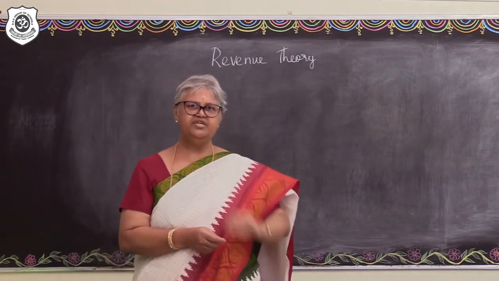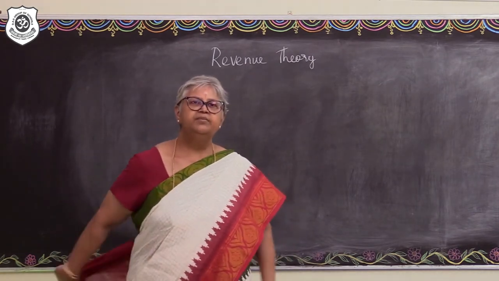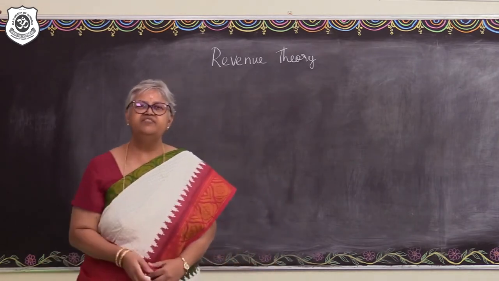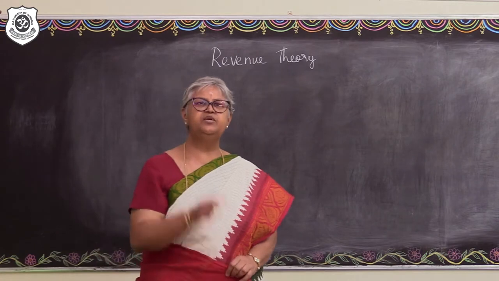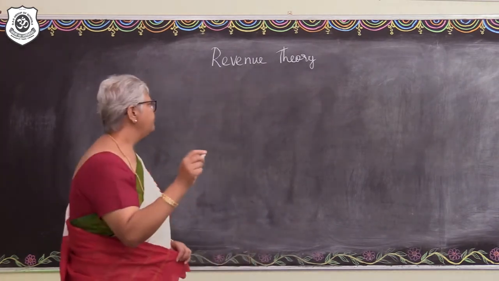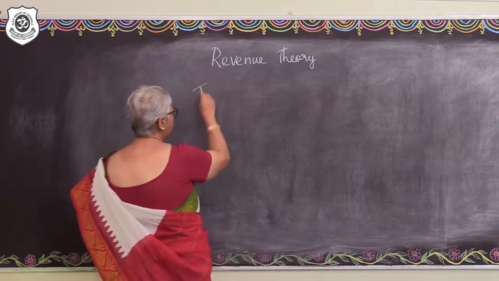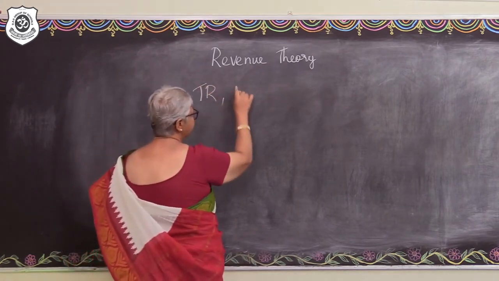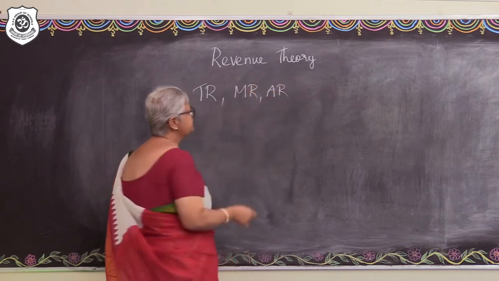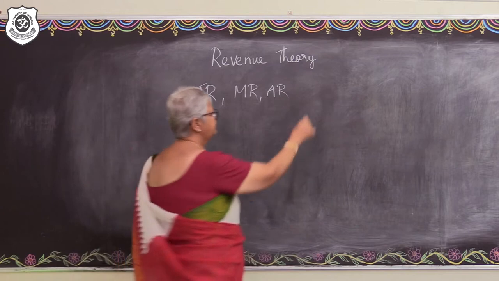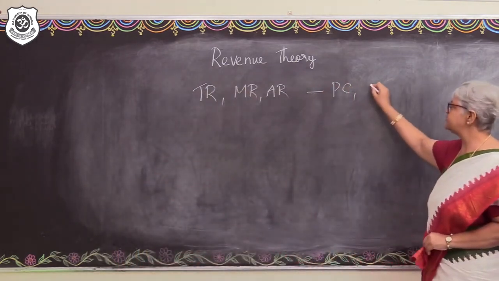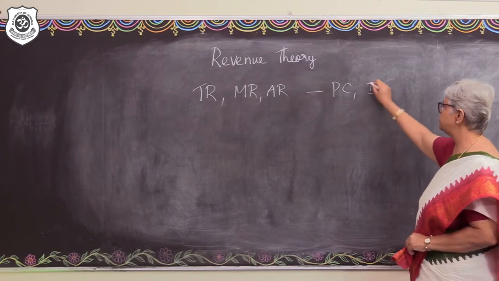The word revenue should make great sense to an entrepreneur even as profit maximization is going to be one of the major concerns. So the total revenue, marginal revenue and the average revenue are discussed in great detail as part of perfect competition and also as part of imperfect competition.